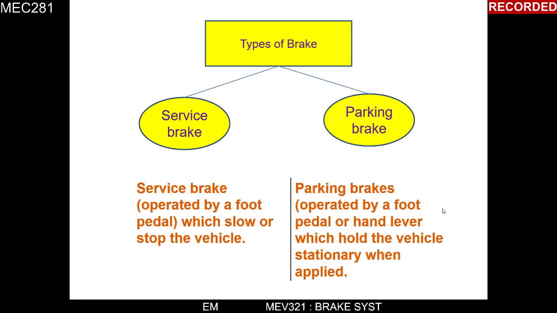Okay, so there are also two types of brake in our cars. One is the parking brake, which of course is for parking. And one is the service brake, which you press on the foot pedal, and the car slows down. So that is the service brake.